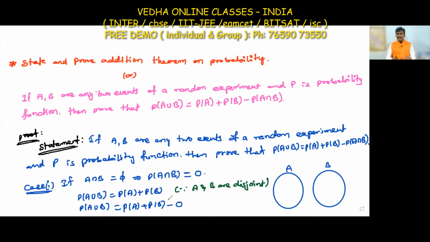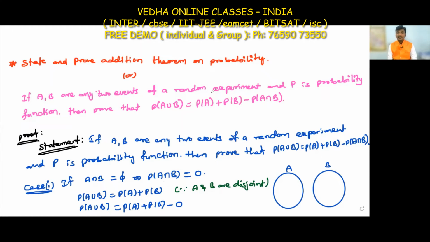Can we write minus 0 or plus 0 for any term? Yes, we can, because by adding or subtracting 0 there is no change. That's why I'm subtracting 0 here. Now in place of 0, I am going to write probability of A intersection B.